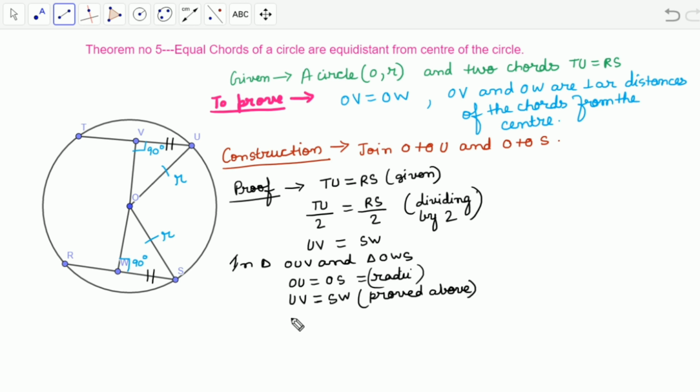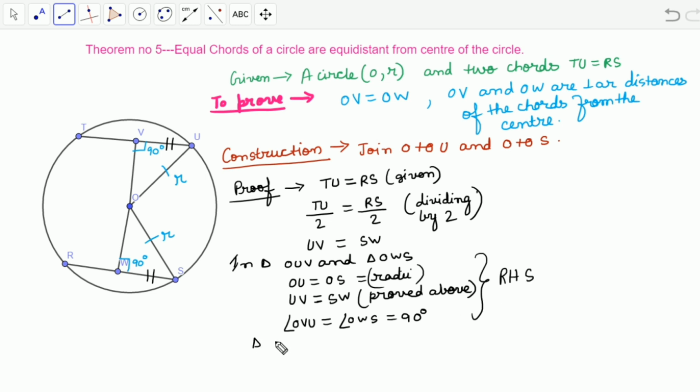Perpendicular drawn from the center to the chord bisects the chord. That's why we are considering only perpendicular distances, right? Also, angle OVU equal to angle OWS is equal to 90 degrees. So again, right angle, hypotenuse and one side. So the congruency that is followed is RHS.